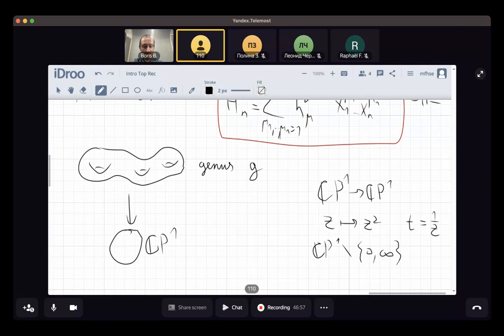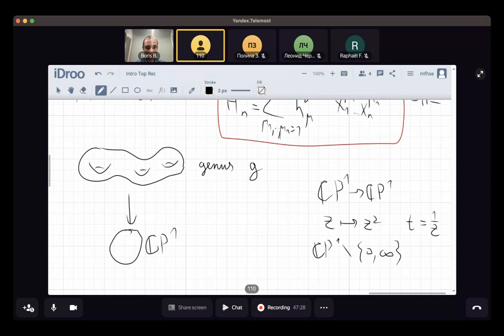Basically, you take your sphere from North Pole to South Pole, and you wrap it 2 times. But at the poles, you have just a single pre-image. Is it clear in this example? So this is a specific example of such a map.